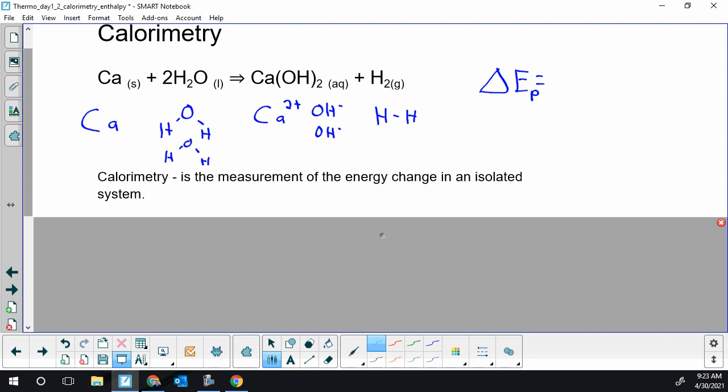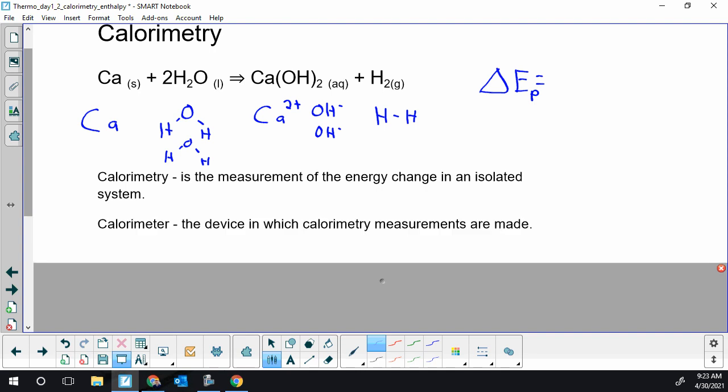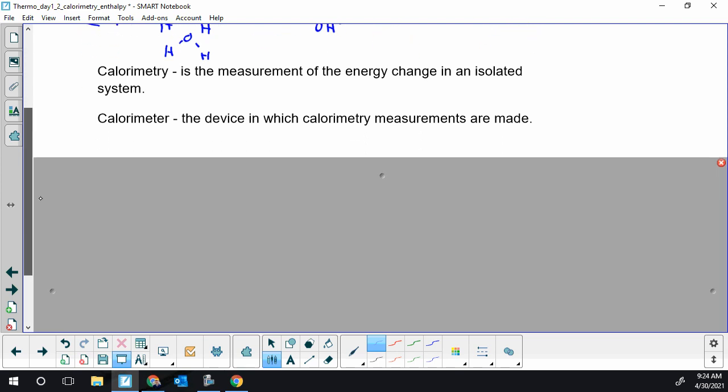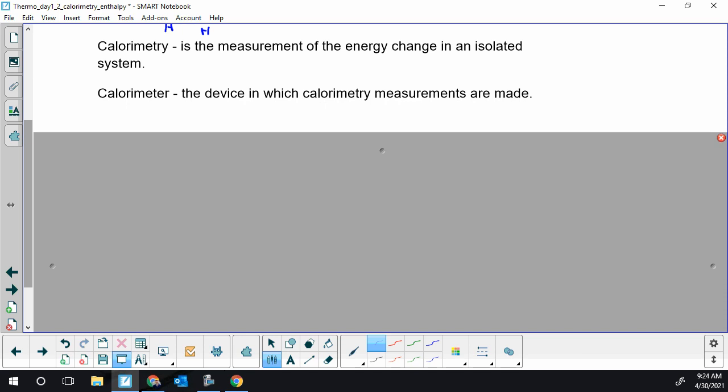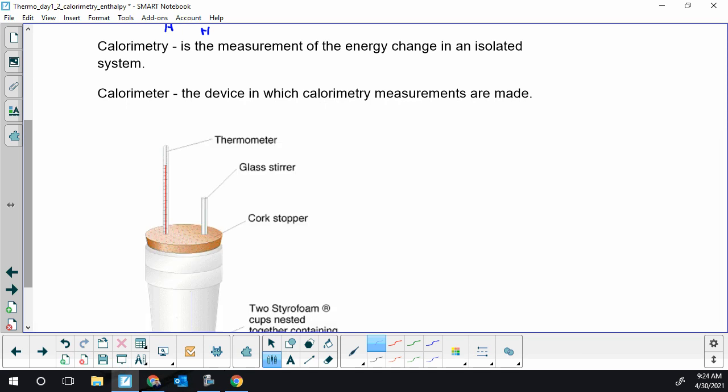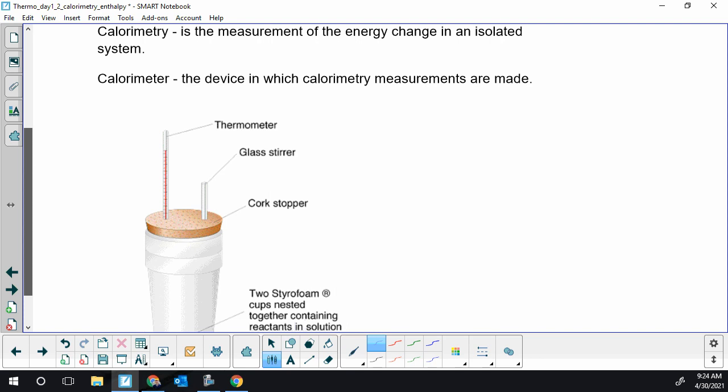Okay? So calorimetry is the measure of energy change in an isolated system. Okay? And that's why we use styrofoam cups to get that isolated system. Calorimeter is the device that we make those measurements in. Okay. And I have an example of the typical styrofoam calorimeter down below.